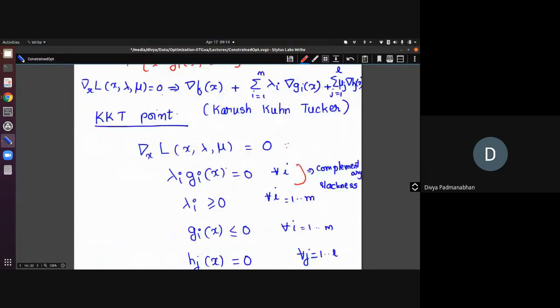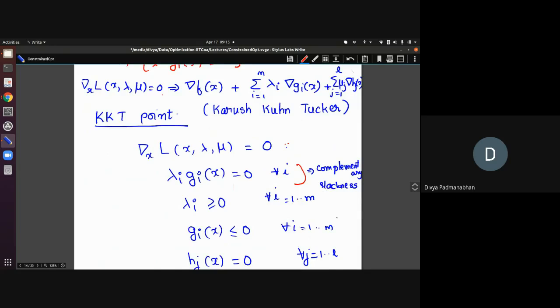Because of complementary slackness, for all the interior points, g_i(x) is going to be less than 0, and so the lambdas for those will be equal to 0. In the case where you only have inequality constraints, all these are going to be 0, and the equality terms don't exist. So the resulting condition, the gradient of the Lagrangian being equal to 0, is just going to give you gradient of f equals 0. That's what we saw earlier when we talked about the inequality constraints.